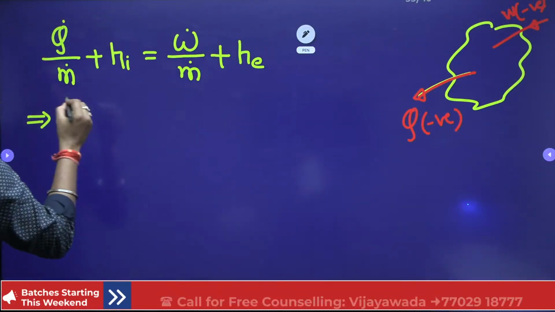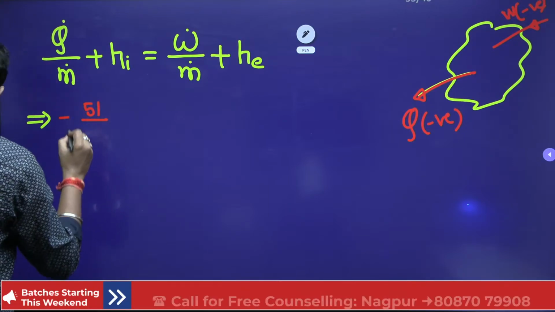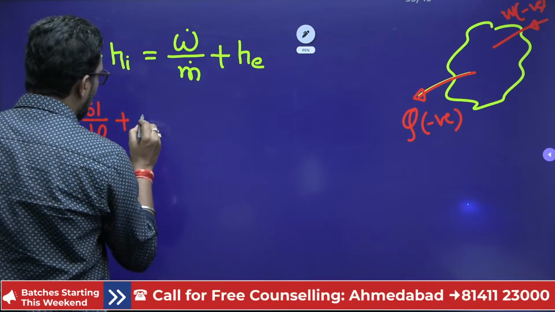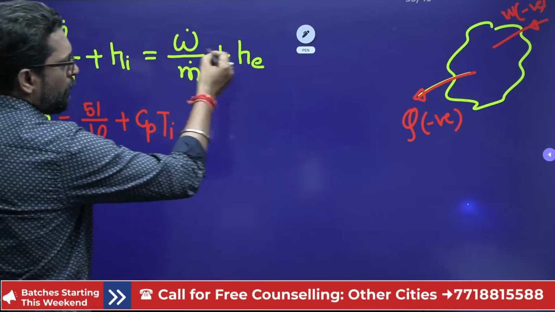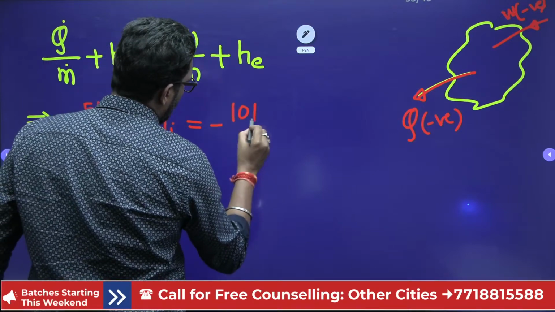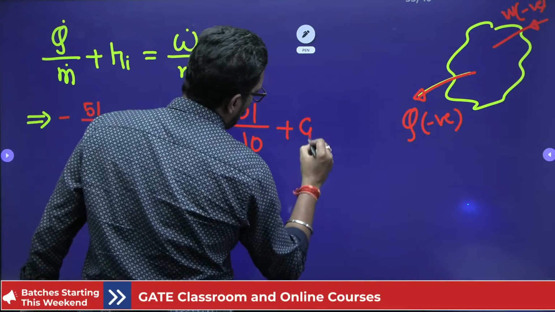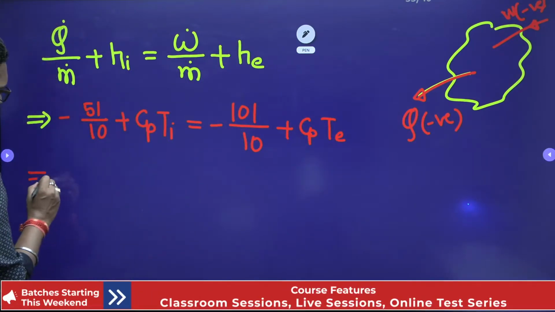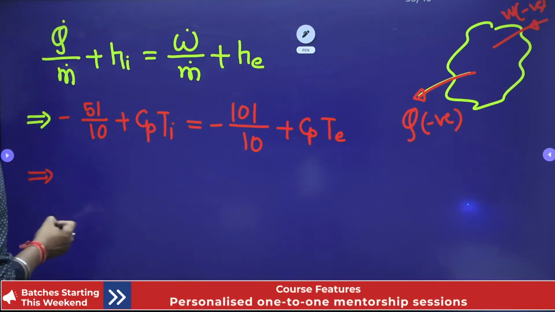So heat goes out, so minus 51, with m dot 10, plus hi, which is Cp into Ti. W is in, so minus 101 divided by m dot, 10, plus Cp Te. This is a very intelligent manner; you can solve it with zero chance of mistake.